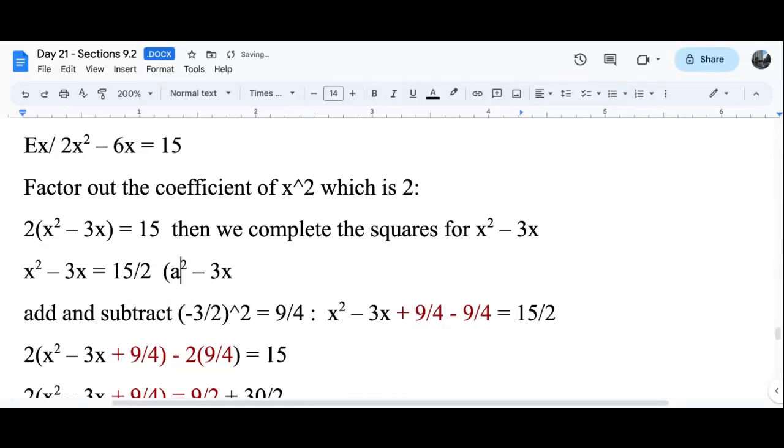Because we have a plus b squared. Mathematics is, what do you call it, cumulative. If you have questions or you don't remember stuff from before, it's going to be difficult. Nothing is going to make sense for you. Everything comes from before.